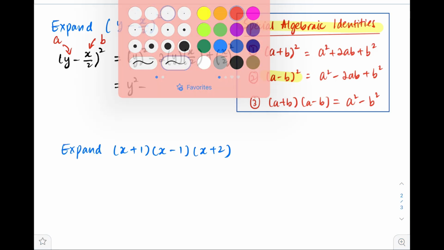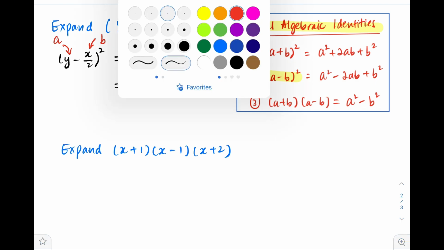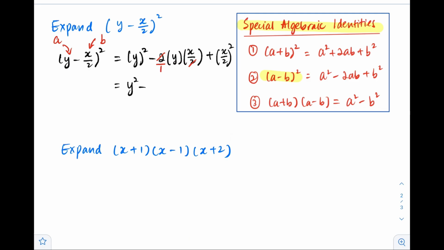Now let's see how we can simplify this. 2 is the same as 2 over 1. So this 2 and this 2 over here in the denominator will cancel each other out. So what are we left with? We are just left with x times y, or y times x, which is simply xy, plus, now how do we expand this fraction, x over 2 whole thing squared?